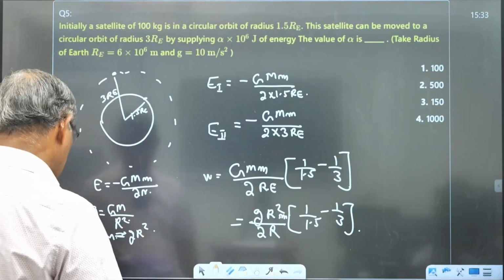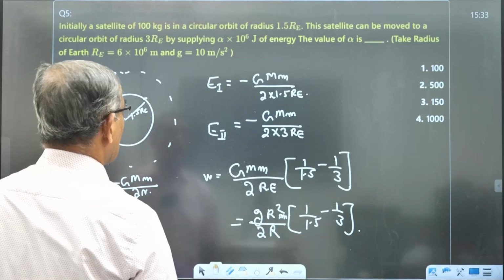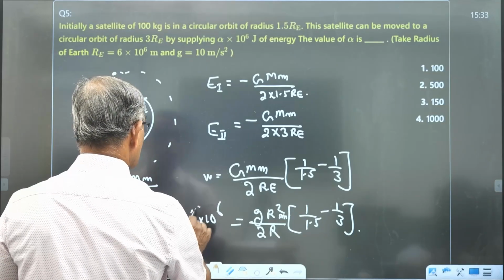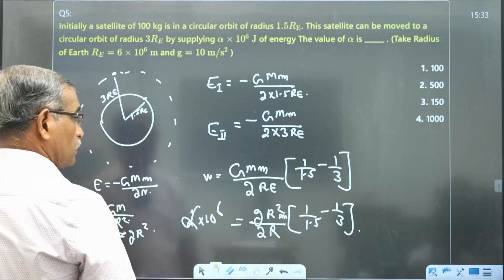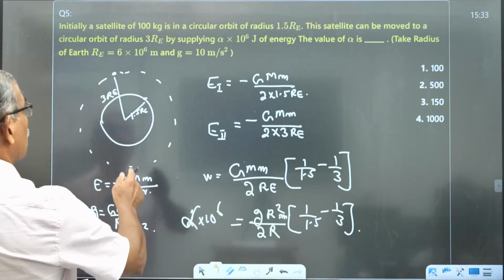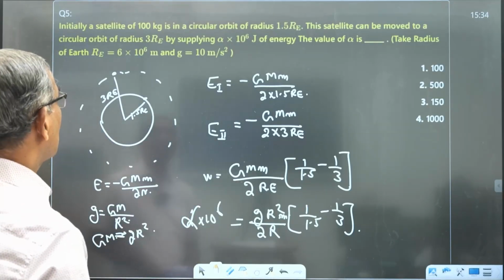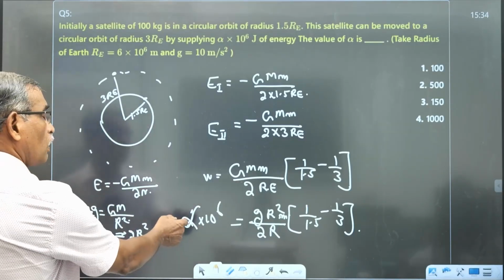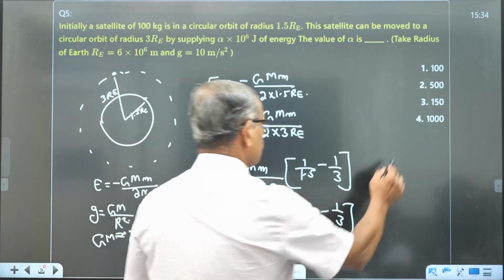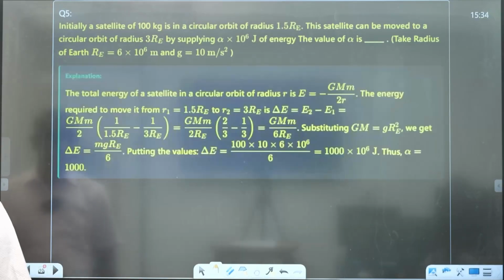Now substitute the values, and here alpha into 10 raised to 6. All the values are there, and everything is given to you. Substitute and get the answer for alpha. And alpha on calculation is found to be 1000. The calculation you can see on the next page.